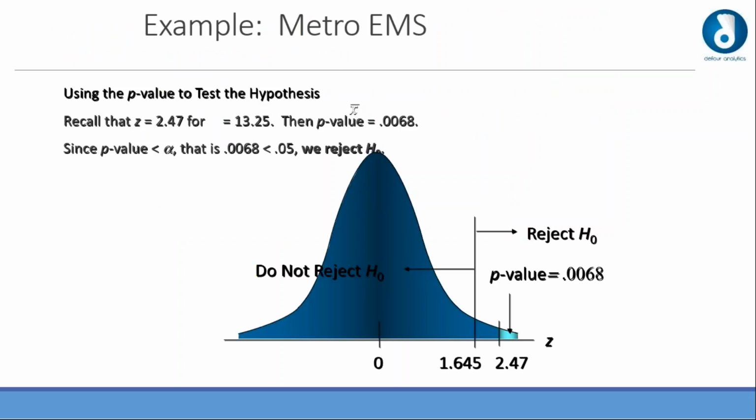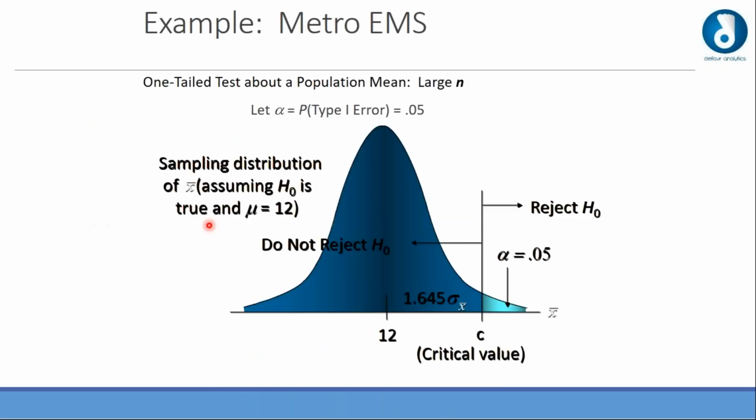Where is the C value in the previous bell curve graph? Okay, yes, the critical value. So this is the value for alpha equal to 0.05. This is the Z value for alpha equal to 0.05, and that is calculated using the Z table.